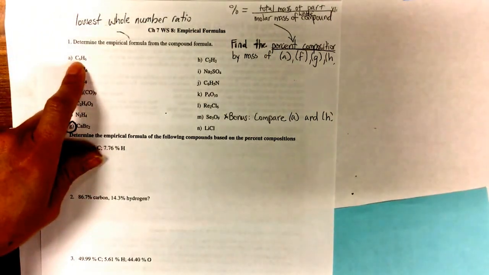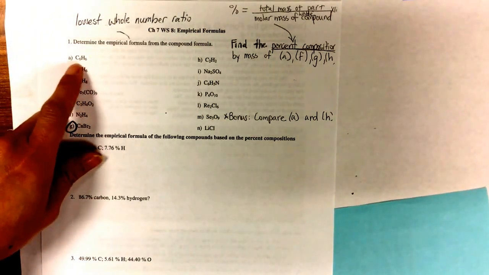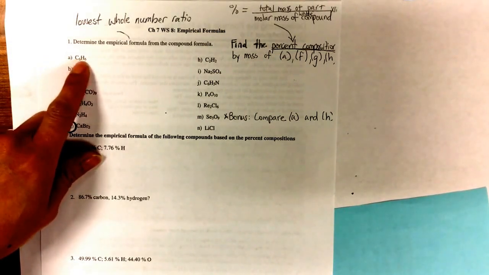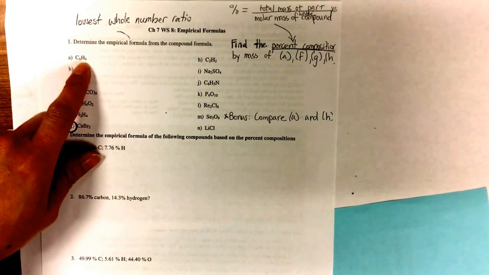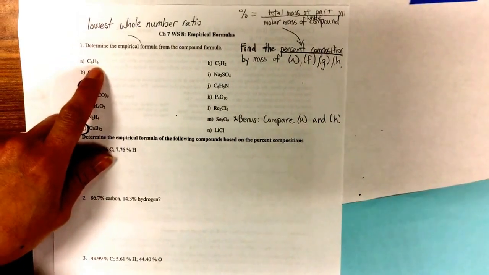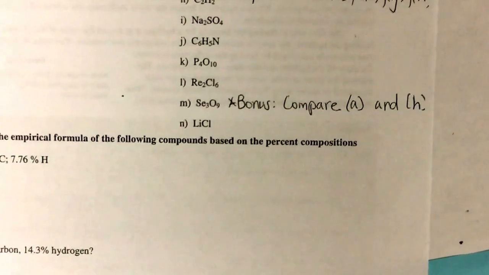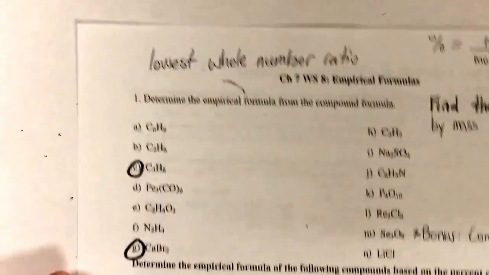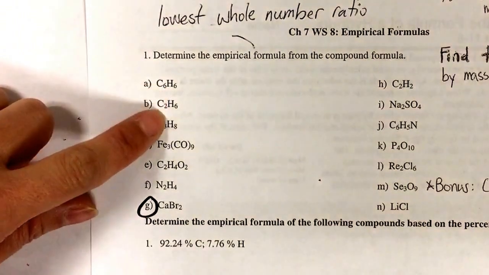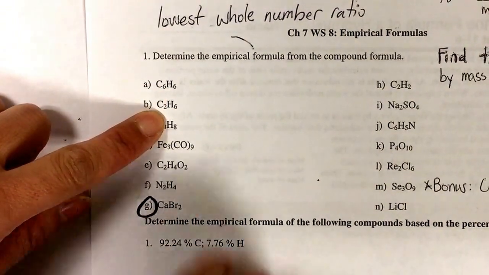So if you look at this substance right here, C6H6, notice how the 6:6 ratio between carbon and hydrogen is in fact reducible. It can be reduced down to a 1-to-1 ratio. Let me zoom in just to make sure you can see that a little bit better. Okay, and if you look at this next one, this is a reducible ratio too.